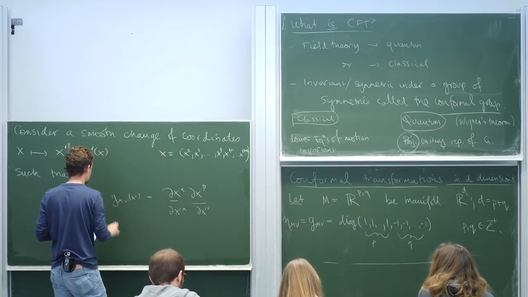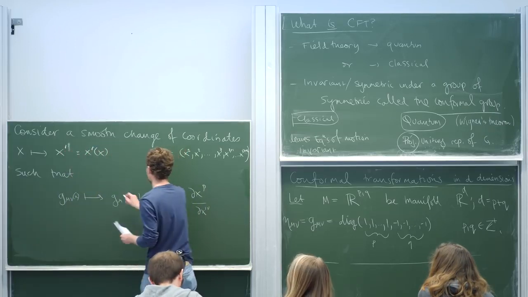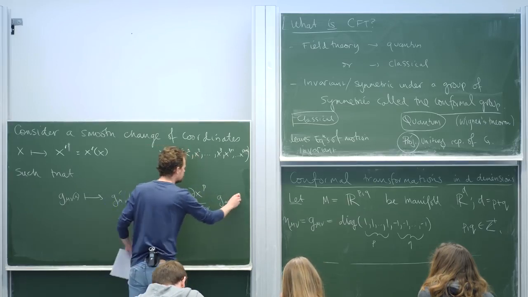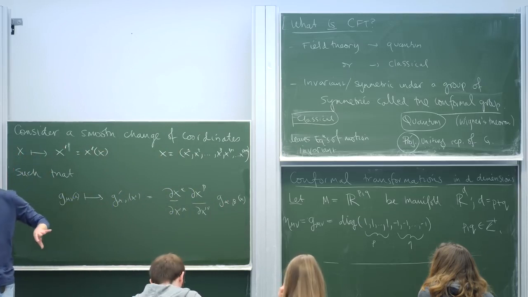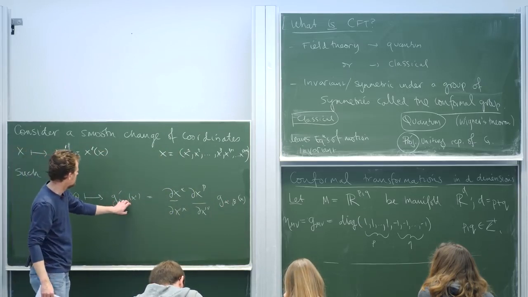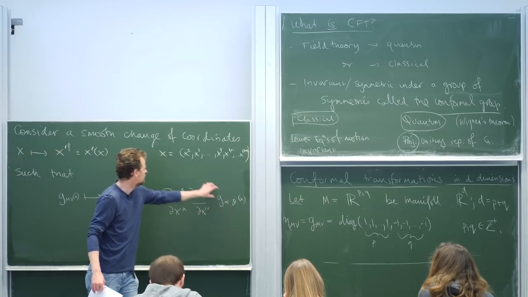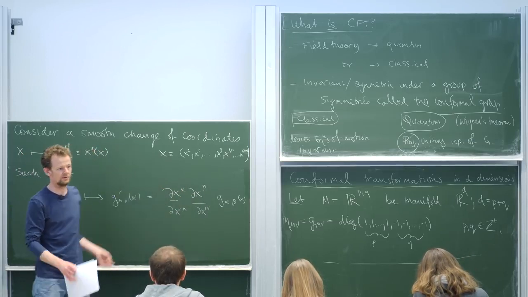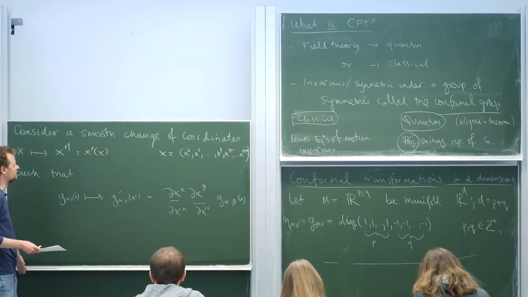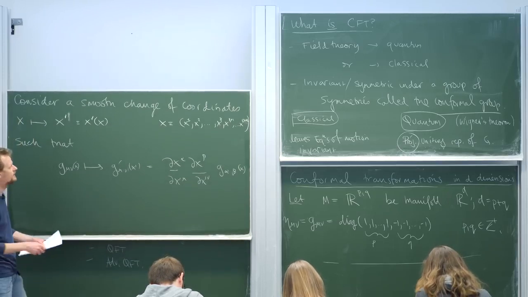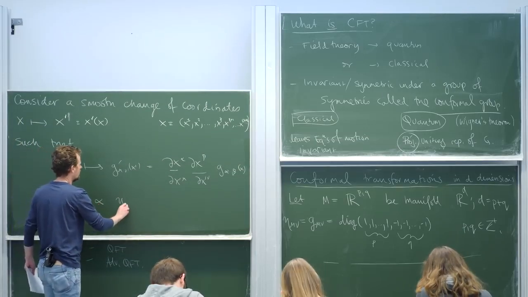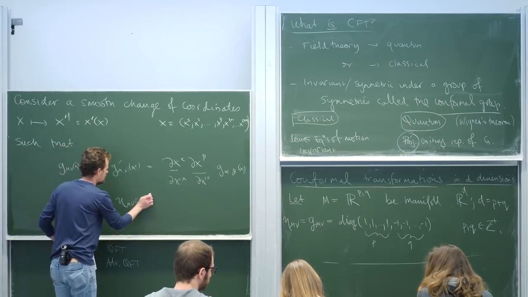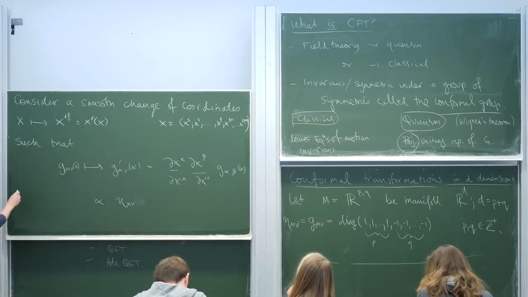I think I'll just drop the primes there, to make life a little easier. If you describe the metric in a different coordinate system, then the way your original metric will look in the new coordinate system is according to this transformation rule here. That's the transformation rule for a tensor of type (0,2). And a conformal transformation is one where the new tensor is proportional to the old one. And here I'm already going to flip notation back to eta mu nu.